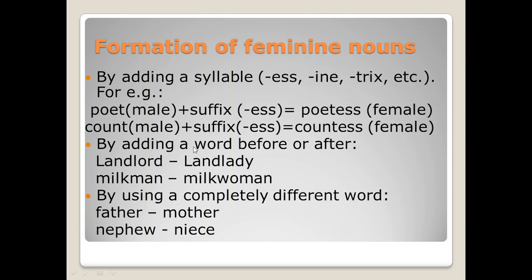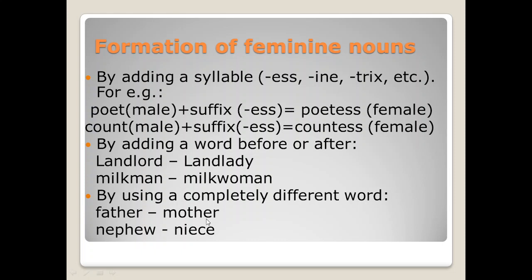Another method is by using a completely different word. In both the above examples, we know that there is some relation between the male version and the female version. For example, milkman and milkwoman, landlord and landlady: milk is common, land is common, poet and poetess, count and countess. But many English words use a completely different word for male and female.